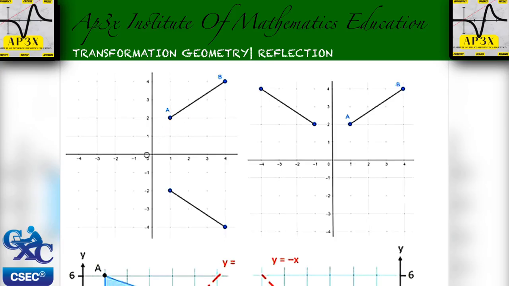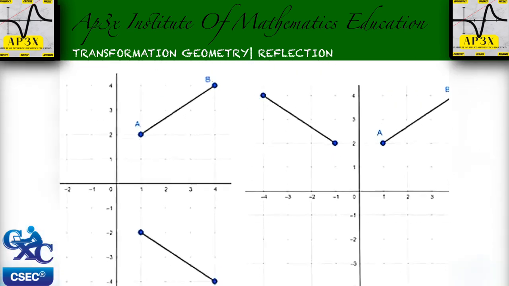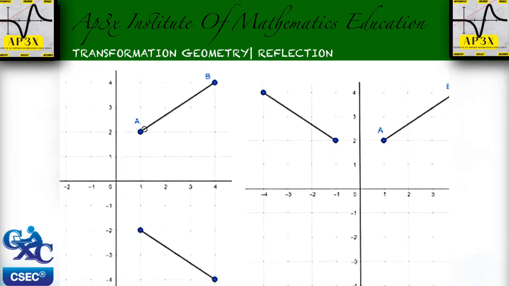And so for diagram 1 over here, where you're looking at this particular line that is point A connected to point B, we have this line that undergoes a reflection across the x-axis.